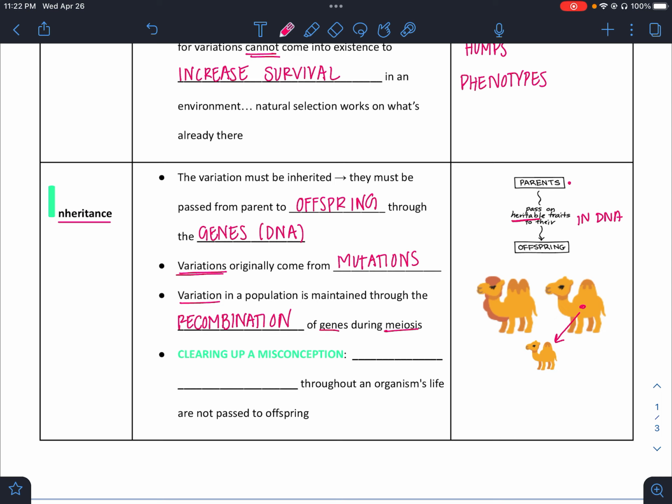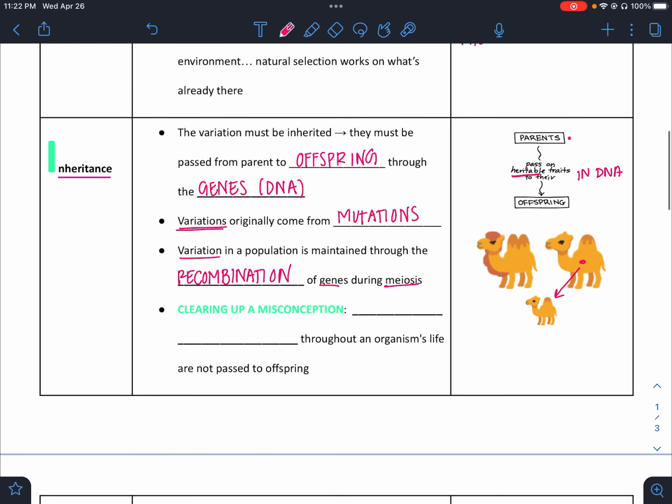Now, again, clearing up misconceptions. It's really important to know that traits that you acquire throughout your lifetime, things that you gain throughout your lifetime, are not passed on to offspring.